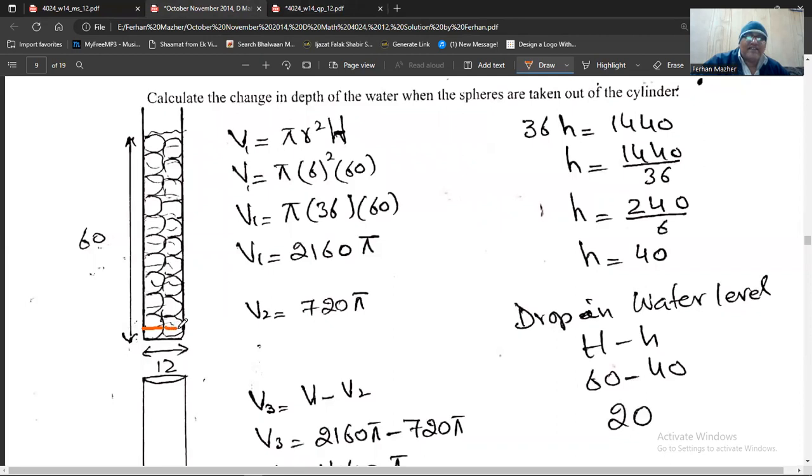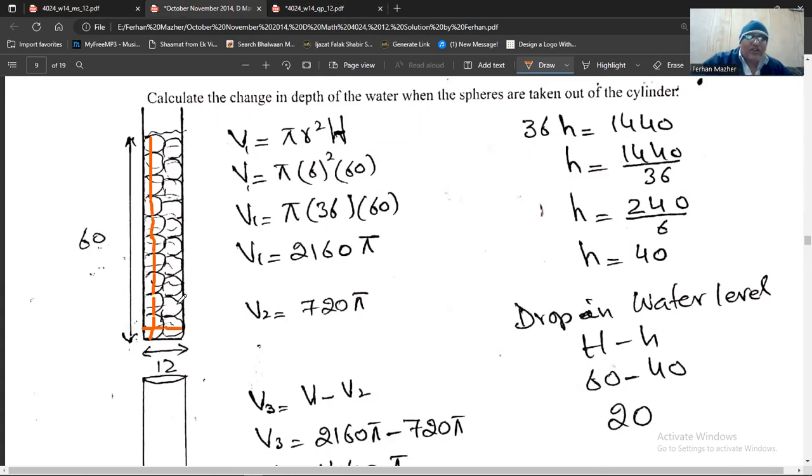So two spheres like this have a total length of 12. So 1, 2, 3, 4, 5, 6, 7, 8, 9, and 10 layers, so it will be 60 centimeters. This is covered with water up to this point. So now the height of the water is 60, and the diameter of this water, which is in the shape of a cylinder, is 6.